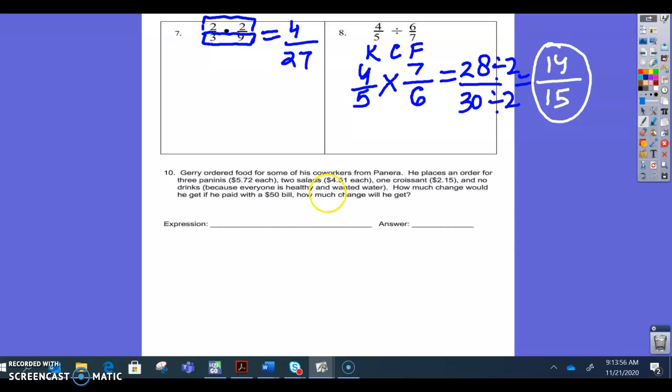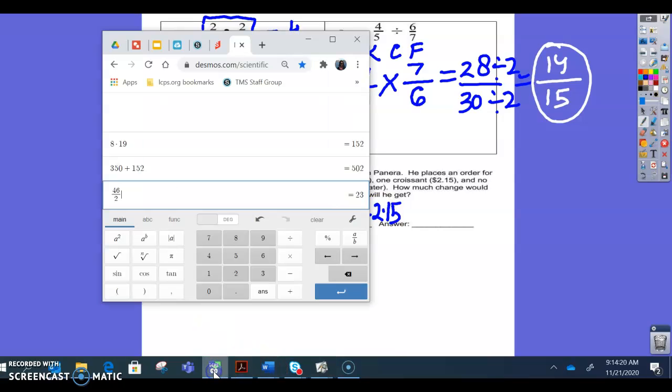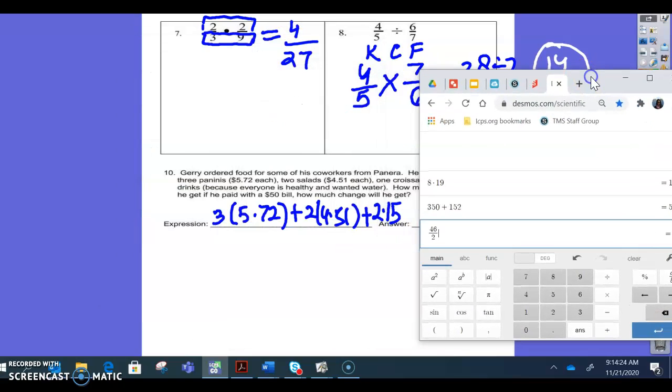So my expression would be, he places an order for 3 paninis, which are costing him $5.72, plus 2 salads, which is costing him $4.51, and a croissant, which is $2.15, and no drinks. So now, what is 3 times 5.72? I'm going to use my calculator and bring my calculator to this side.